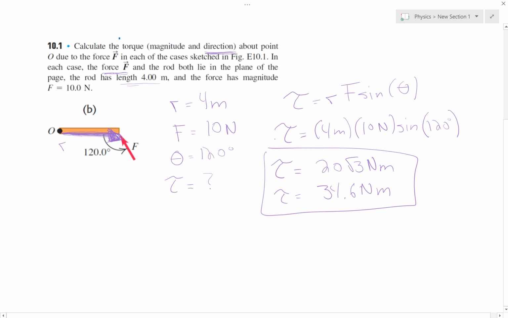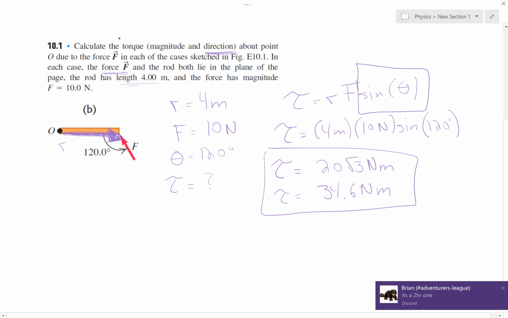A couple of things to notice. Number one, this answer is smaller than our previous answer. Our previous answer was 40 Newton meters. Well, that's because this sine theta piece here limits how big our torque can be. The biggest possible value that sine can ever have is 1, and that happens at 90 degrees.